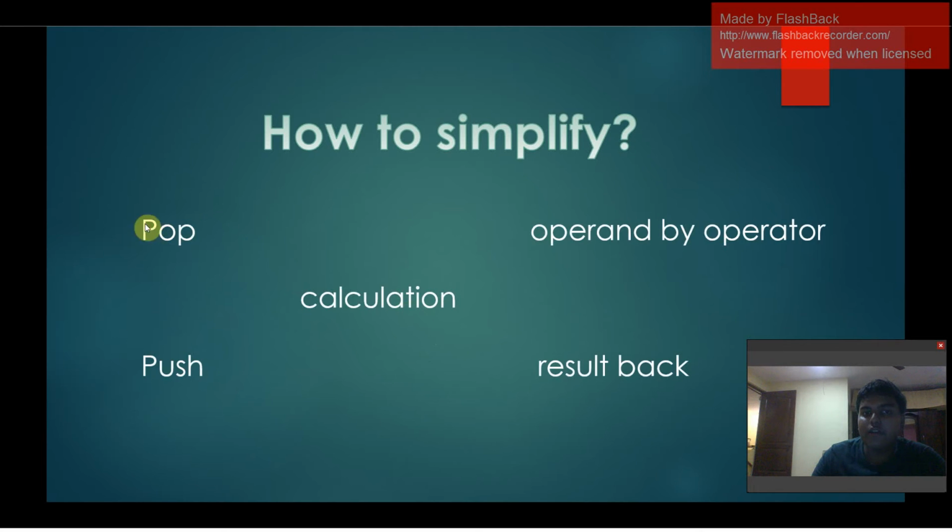And the logic is like this. When the alphabets and numbers are in the stack, when a plus or minus symbol comes, it will pop them, do the calculation and put the result back to the stack. This is the concept. That's it. Nothing other than this. So let us see this program.